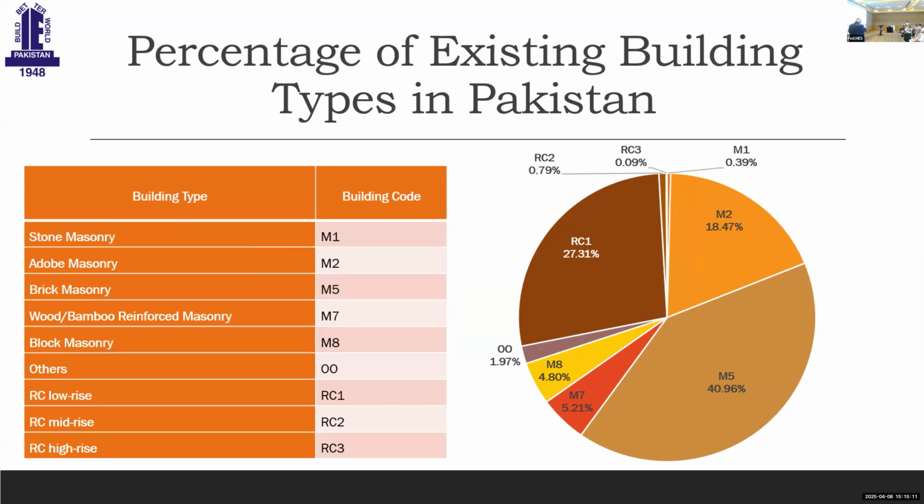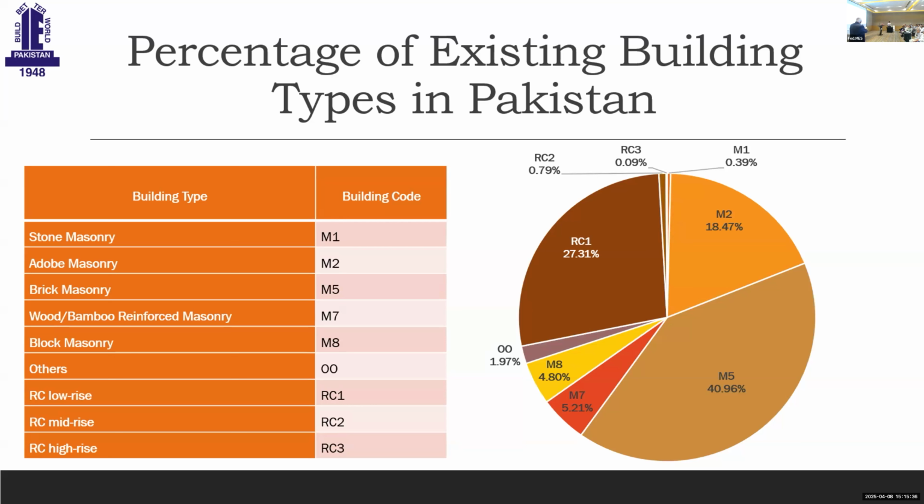You can see up here the proportion of these buildings. M5 is the brick masonry building, and about 40% of the buildings are M5. The strange thing that you will notice is that RC buildings are about 27%. A quarter of the buildings are reinforced concrete, and only God knows how many of them are engineered.